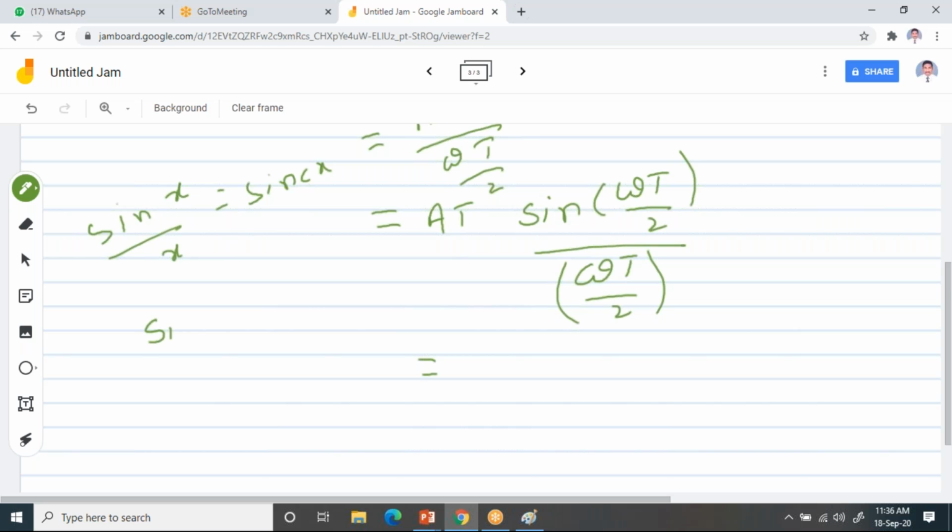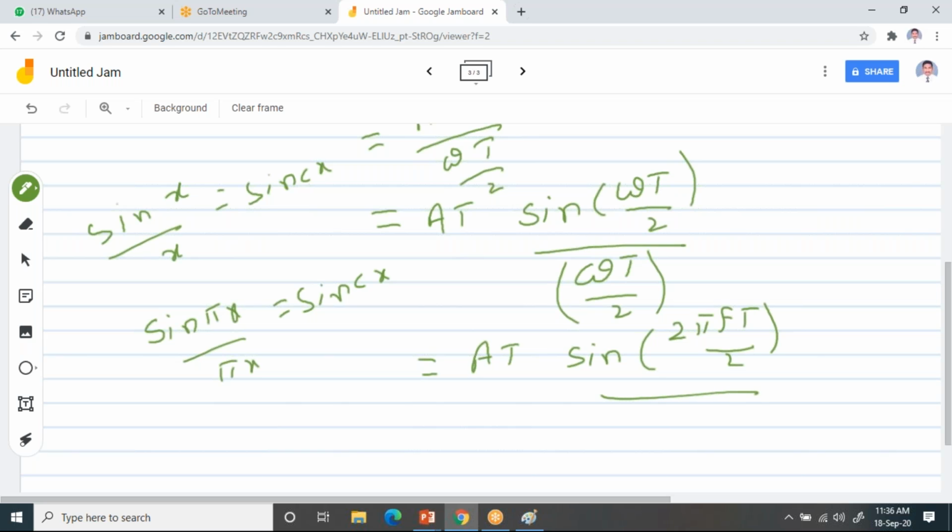Sinc function, you can call it as sine pi x by pi x, which you can call as sinc x. Now, if you observe this, how will you get pi x? Omega you can write as 2 pi f. So I can say sine omega, I can write as 2 pi f t by 2. And here also I can write omega as 2 pi f t by 2.